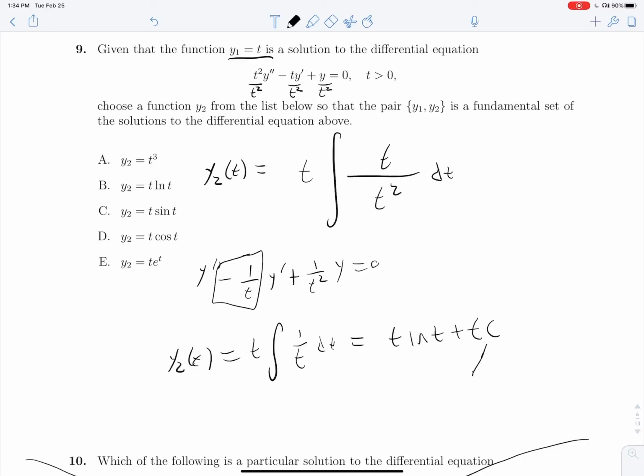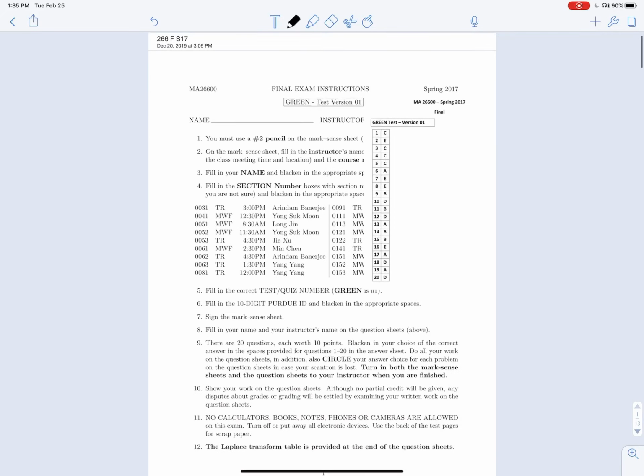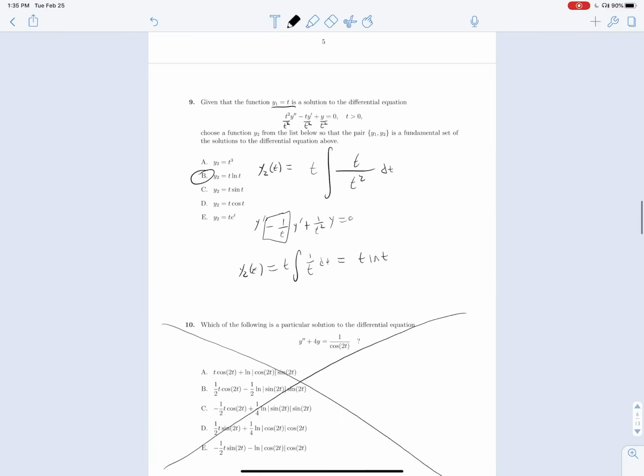And since this c can be equal to 0, one of our possible solutions, the fundamental solution, is just t ln t, getting rid of this section here. So B is our answer. B is our answer for number 9.